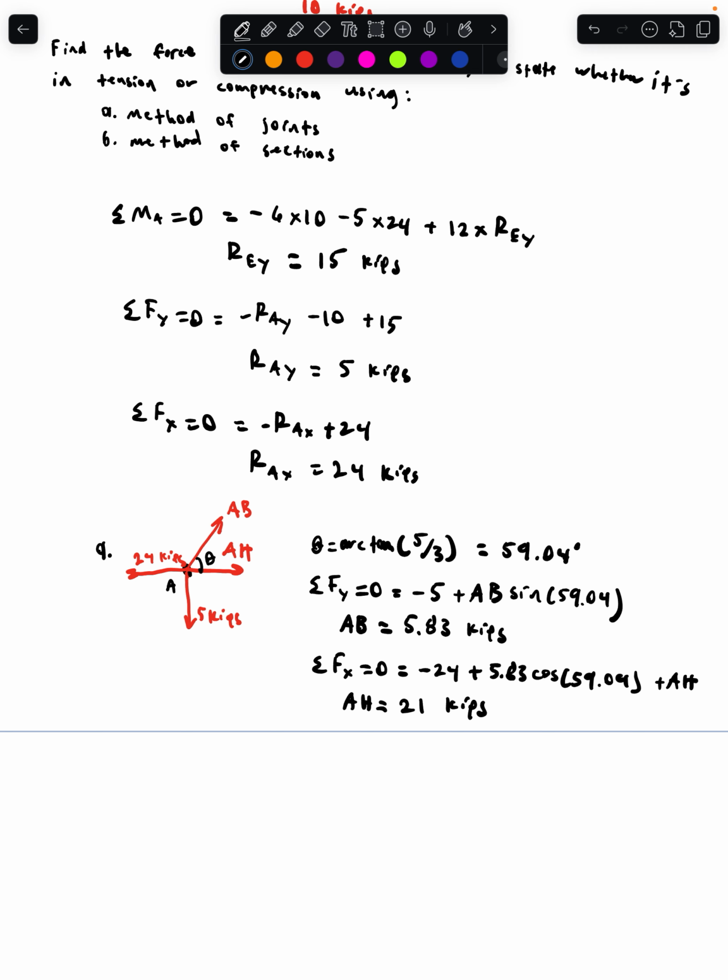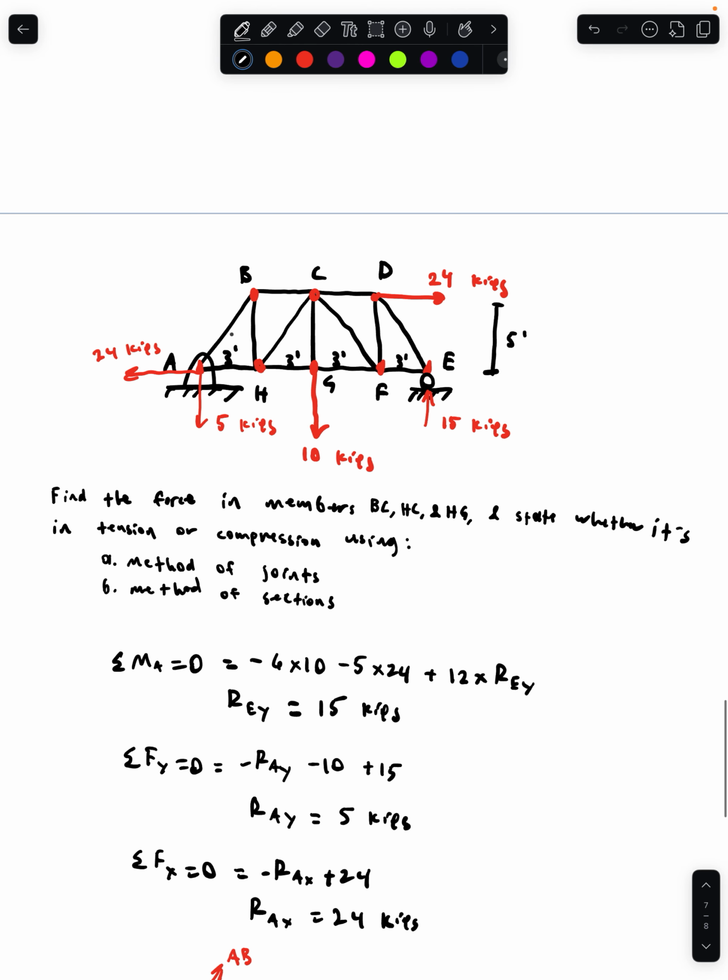Okay, so neither of those are what was asked for, but now we have the member force here and here. And so we can start looking at joints B and H and see what we can do there. So at H, we're still going to have three unknowns, which would be BH, HC, and HG. If we look at B, though, we only have two unknowns remaining.